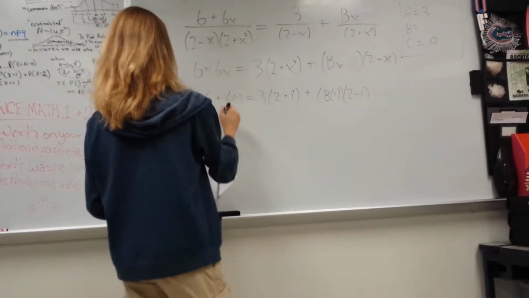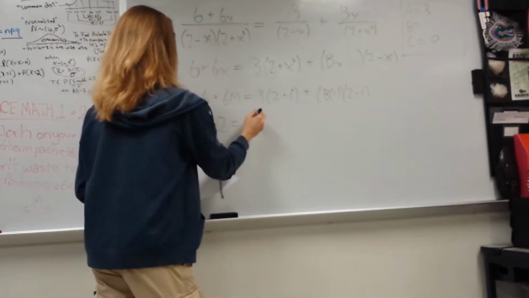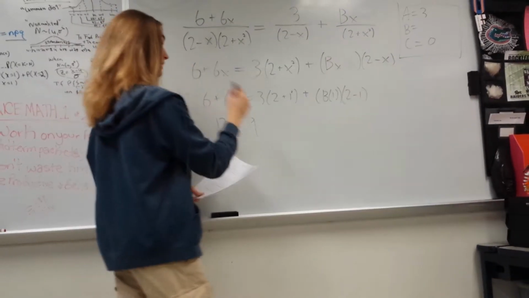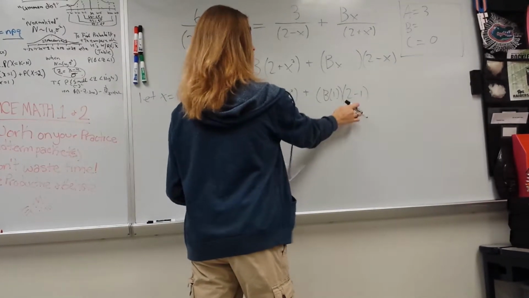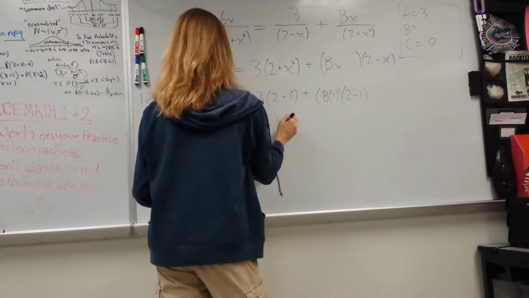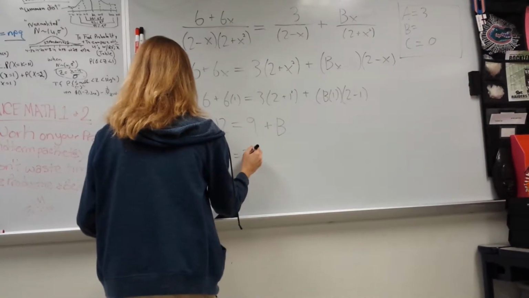So this is 12. That is 3 times 3 is 9, right? Plus, 2 minus 1 is 1, and then b. So subtract 9 from both sides, and we get b.